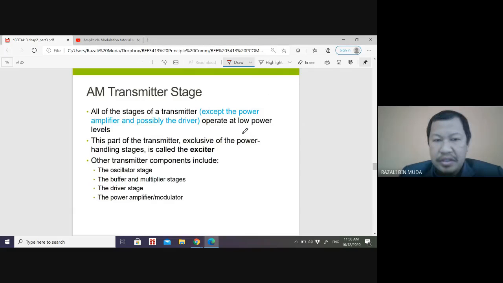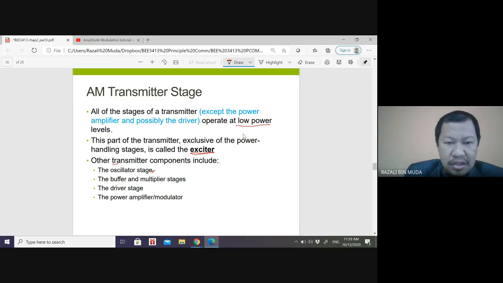AM transmitter stage. All of the stages of the transmitter, except the power amplifier and possibly the driver, operate at low power levels. This part of the transmitter, exclusive of the power handling stages, is called the exciter. Okay. Other transmitter components include oscillator stage.